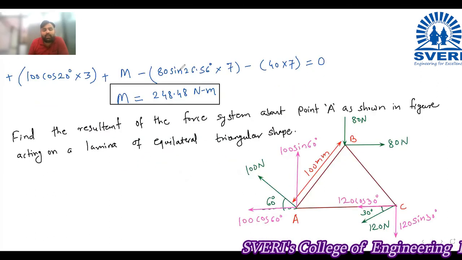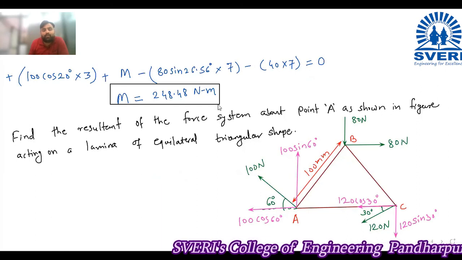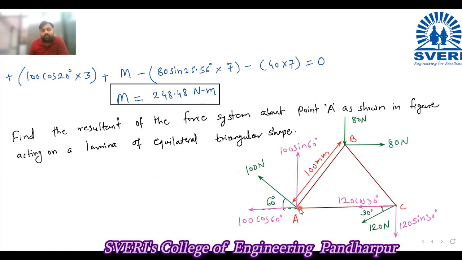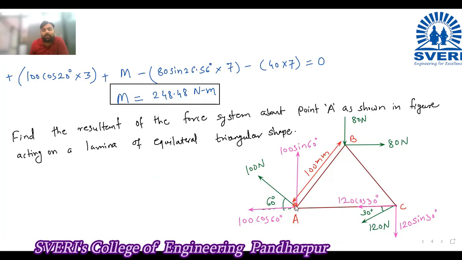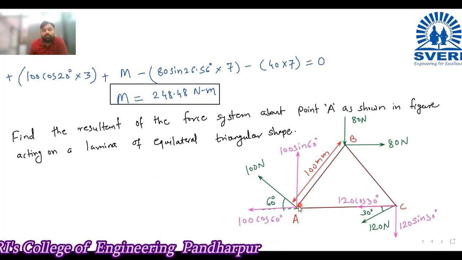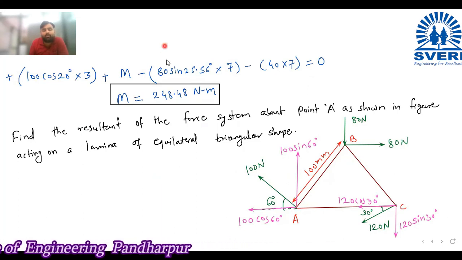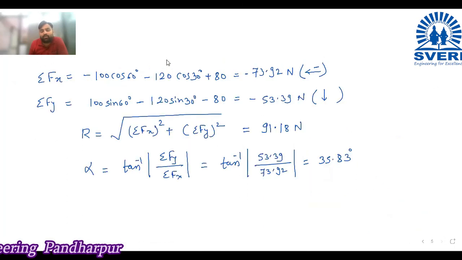So if you see the diagram, here is your point A. Now we know the magnitude and direction of the resultant. Now we want to calculate the distance of the resultant from point A. So we will use the Varignon's theorem.